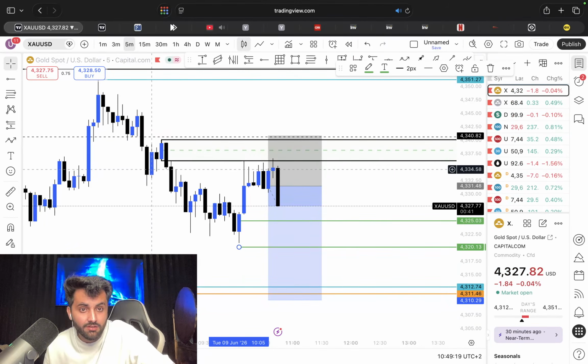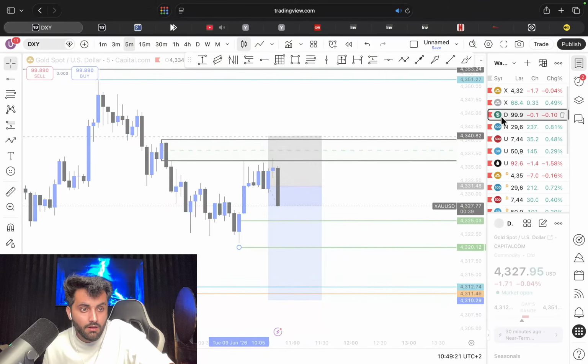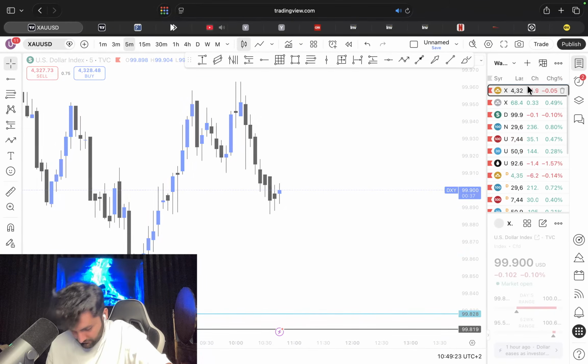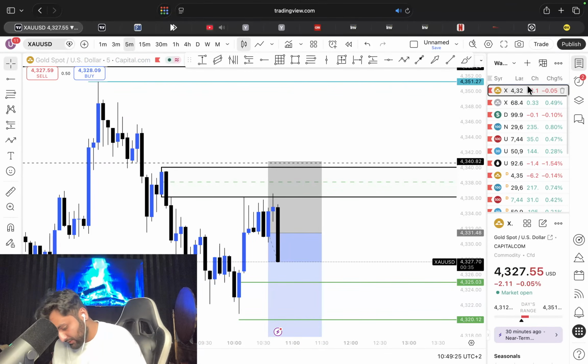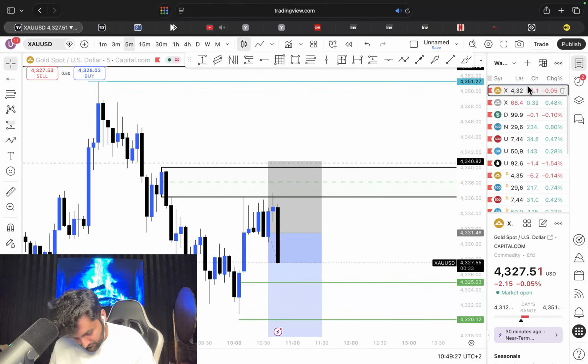Guys, we're 200 pips away from TP1. If you entered somewhere around 4334, you can move your stop losses to break even.